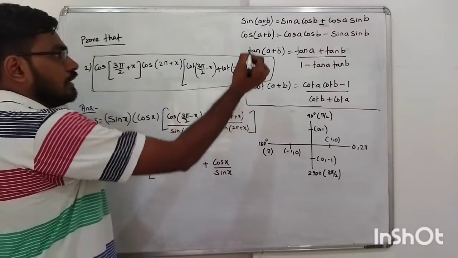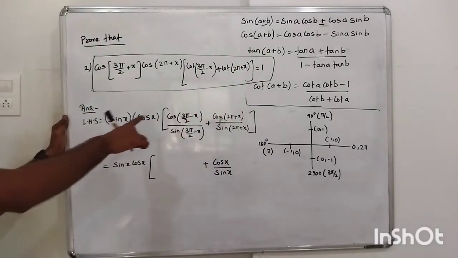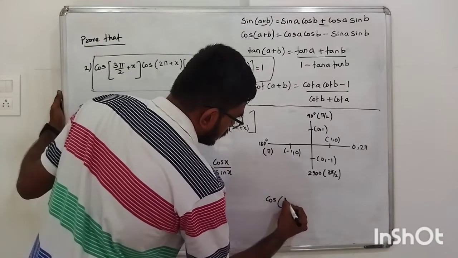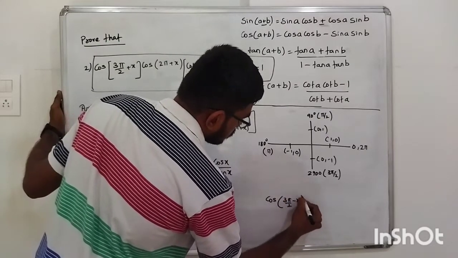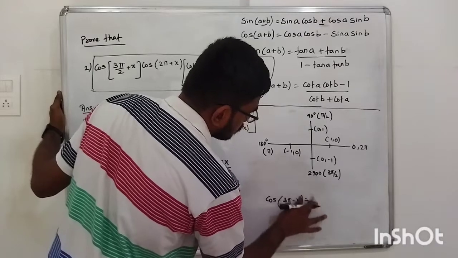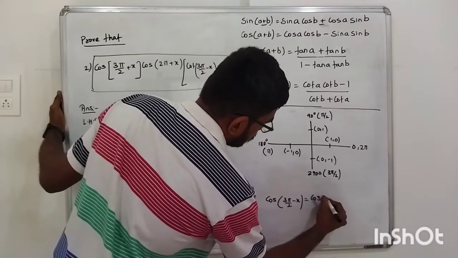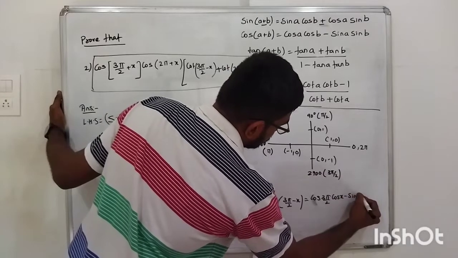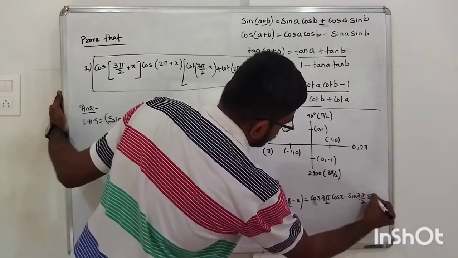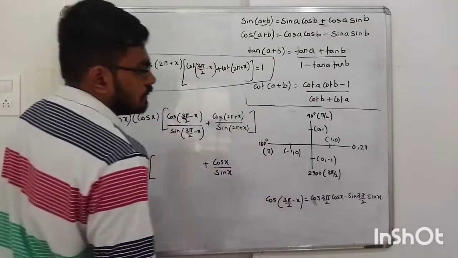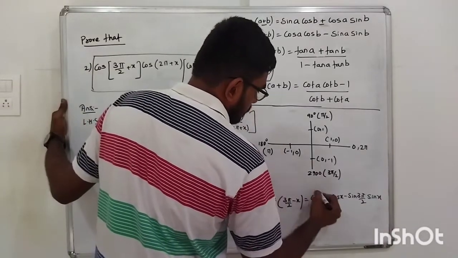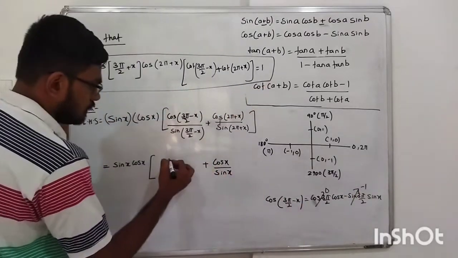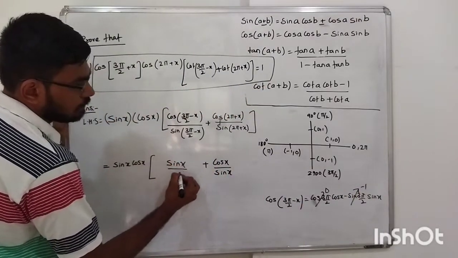You can try using this also, and here cos of 3 pi by 2 minus x. So cos 3 pi by 2 cos x minus sin 3 pi by 2 sin x. So what is cos 3 pi by 2? Cos 3 pi by 2 is 0 and sin 3 pi by 2 is minus 1. So minus into minus plus sin x. So sin x upon sin 3 pi by 2 minus x.